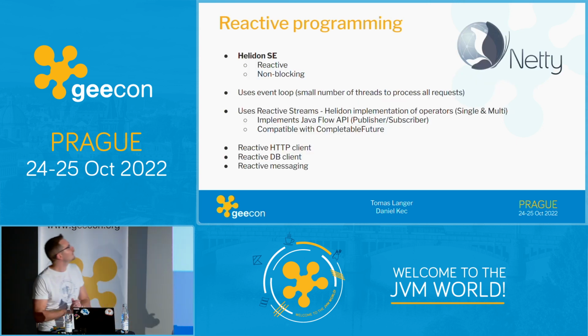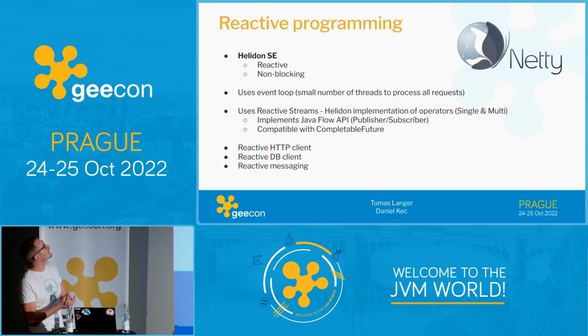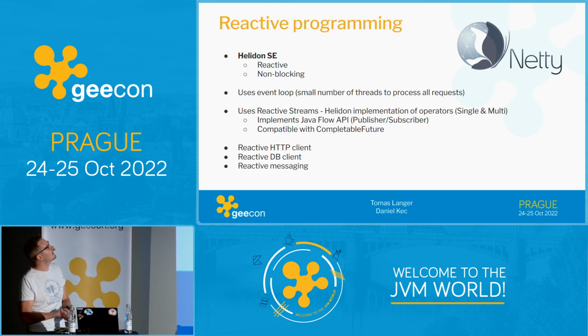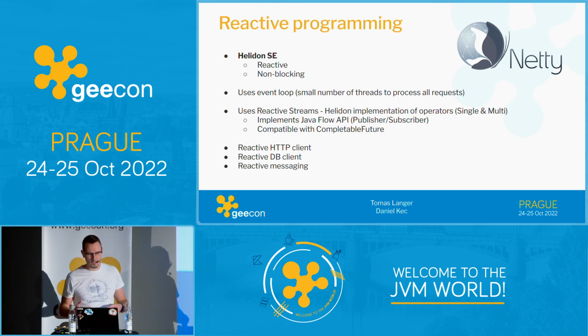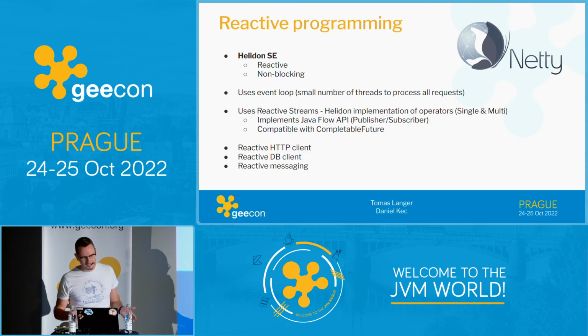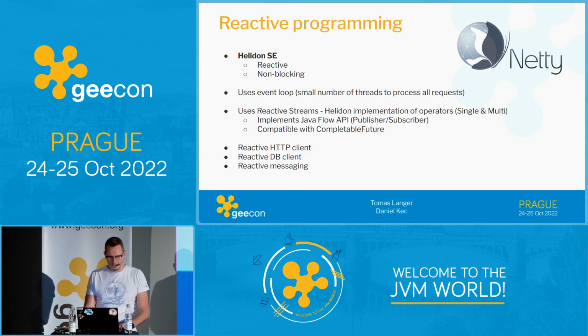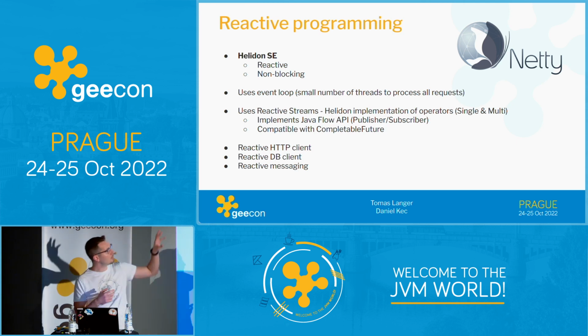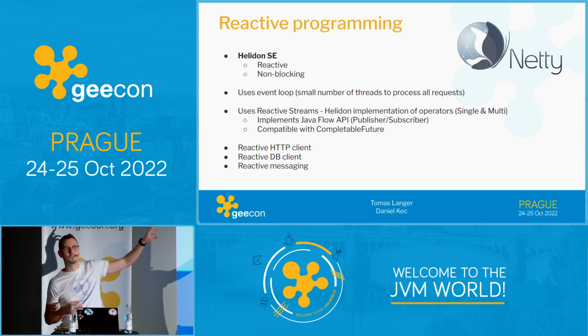As I have already introduced, Helidon SE is a reactive web server. It has a lot of other reactive tooling available just for you, so you don't have to block anywhere. We are really trying to make it as easy as possible. You just use this event loop. It's built on top of Netty. A lot of you probably know this library.